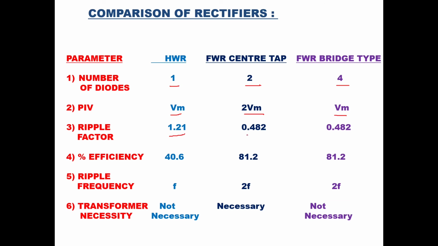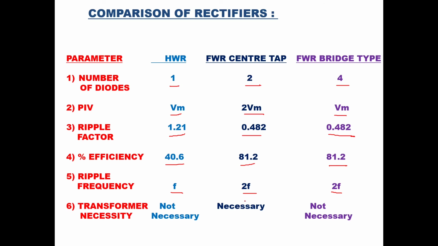For the full wave center tap it is 0.482, and for the full wave bridge also it is 0.482. Efficiency is 40.6% for the half wave rectifier, and 81.2% and 81.2% for both full wave rectifiers. Ripple frequency is F for the half wave rectifier, and 2F and 2F for the full wave rectifiers.